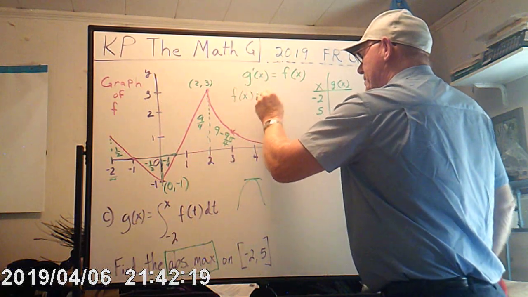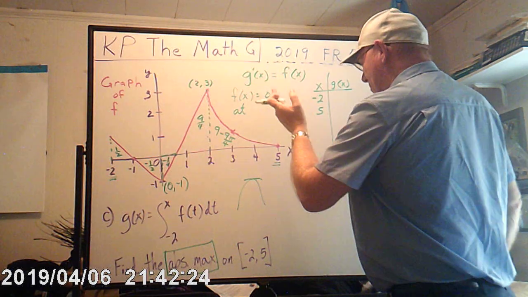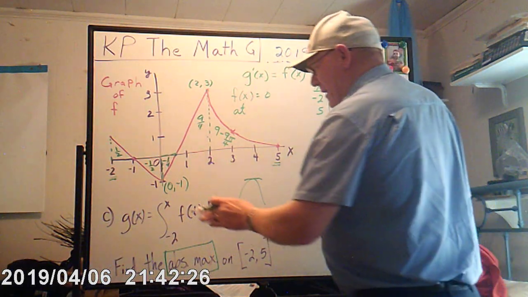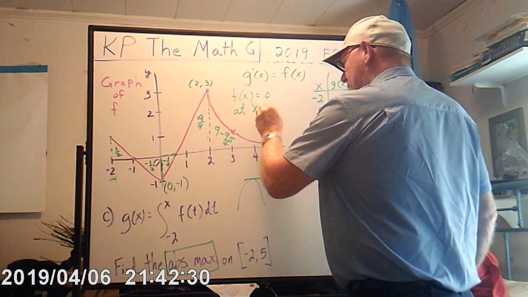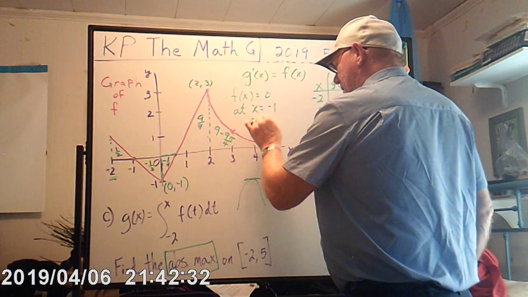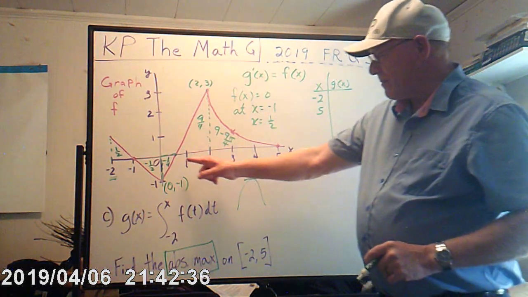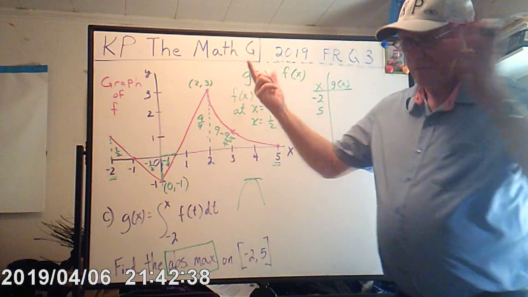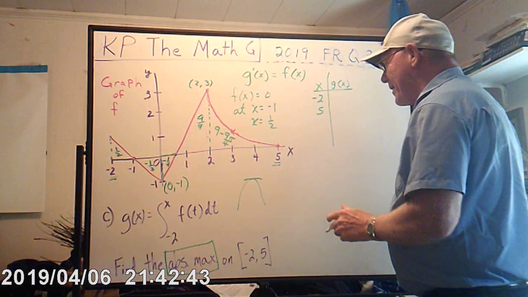F at x equals 0 at, well, actually also 5, but 5's already an endpoint. But at x equals -1, and x equals 1/2. I'm not sure we're really going to need the 1/2, but if you want all the points, you might better go ahead and throw that in there.